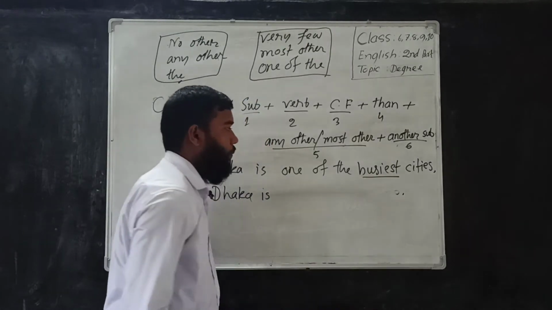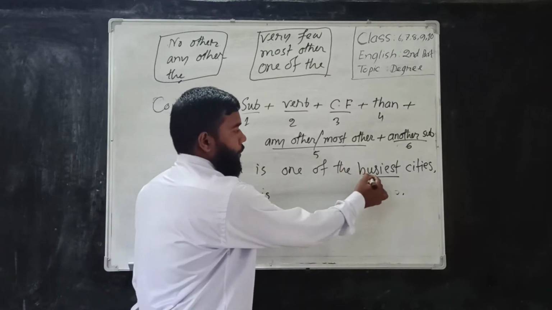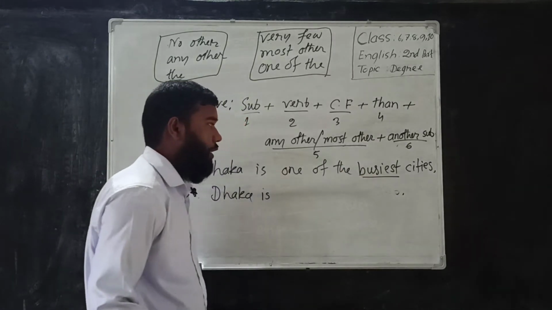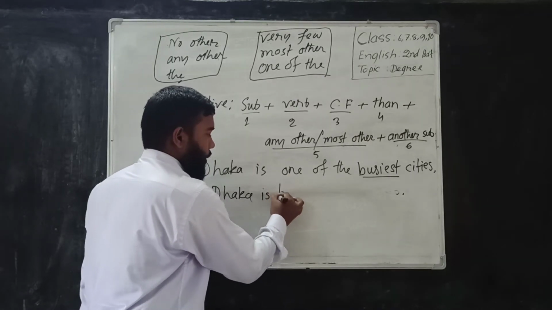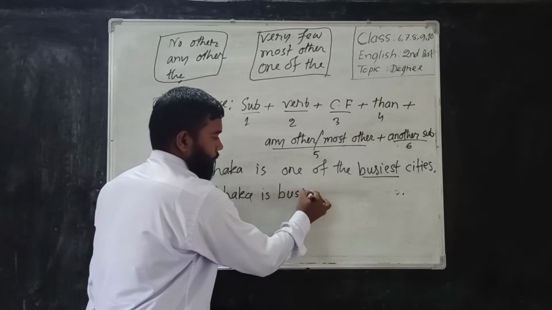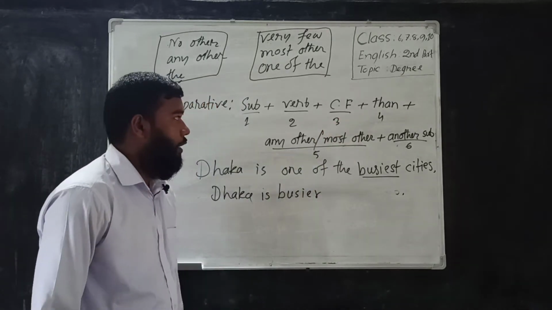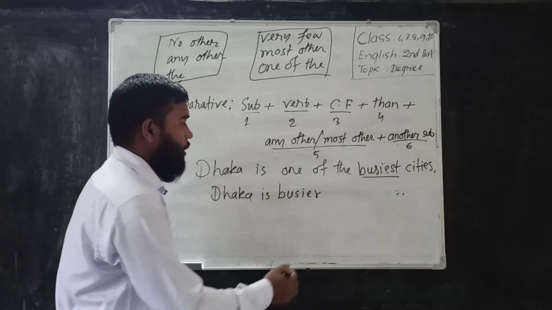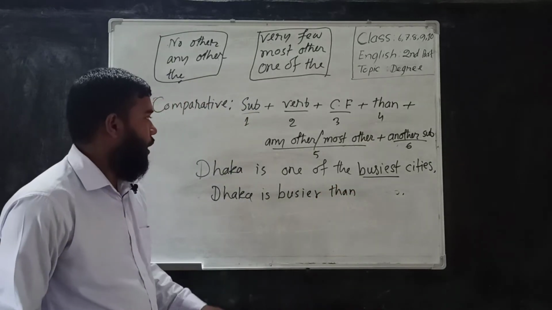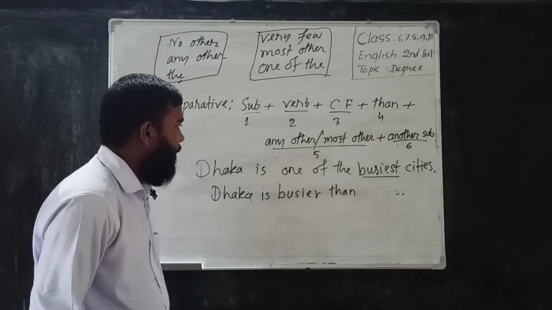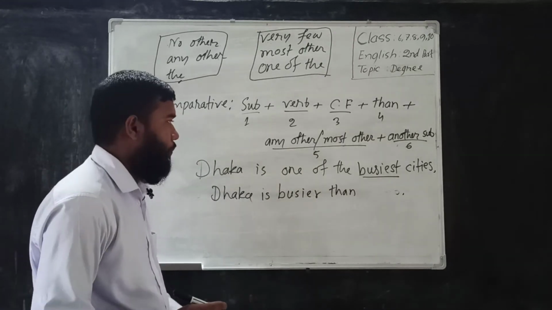Can you guess what the comparative form of this word is? Yeah, the comparative form of busiest is busier. Busy, busier, busiest. We have to take the comparative form, busier. Our third step is done, and for the next step we have to take then. Now let's see the next step: any other or most other. Think for a while.